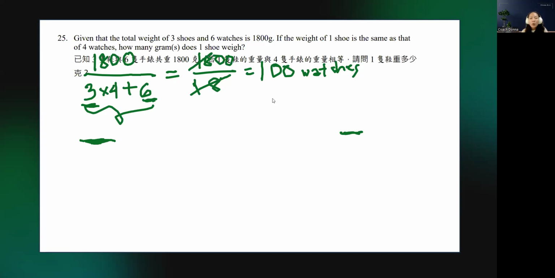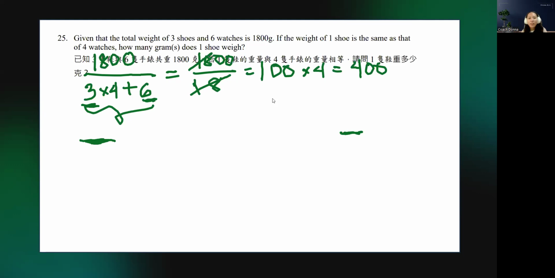So we need to multiply this by 4. 100 times 4 is equal to 400.